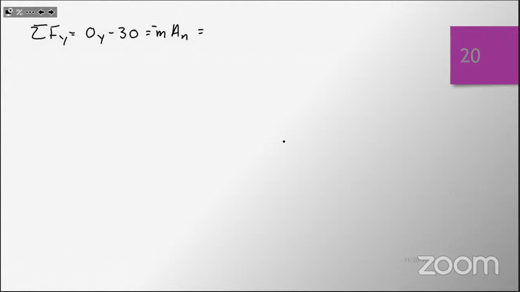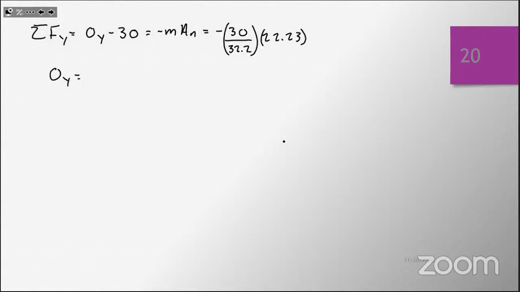And this is negative, because it's pointed downward. So this is negative 30 over 32.2, times a sub n, which is 22.23. I just calculated it. So I can solve directly for O sub y: 9.29 pounds.